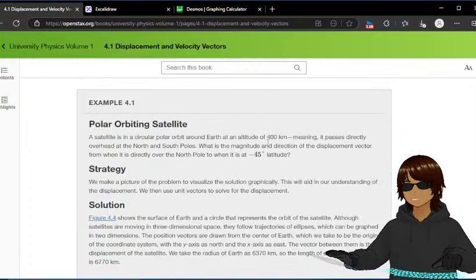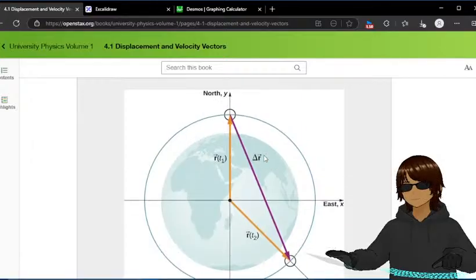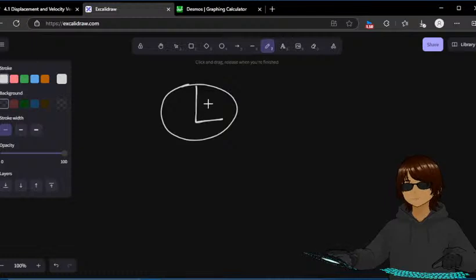What is the magnitude and direction of the displacement vector from when it is directly over the North Pole to when it is at minus 45 degrees latitude? You use the arc length, right? So the angle is measured in radians.